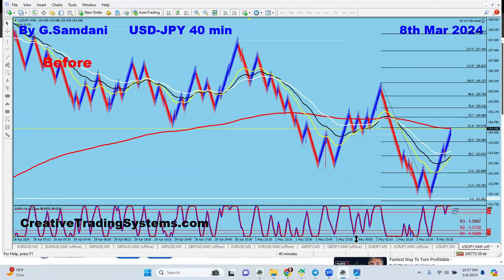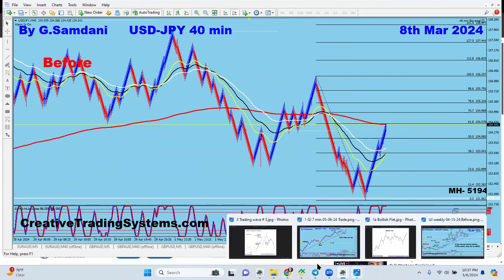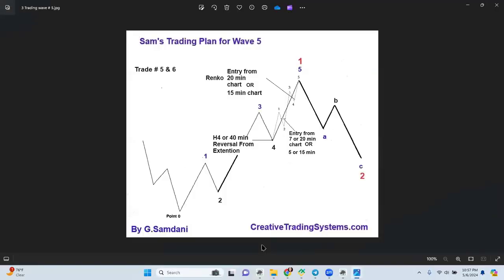Now, earlier I showed you that on pound yen and euro yen, I got my entry from the 7-minute chart based on this scenario. This Elliott wave calls for that if it is wave 5 starting, then right there somewhere you take the entry, either from the 7-minute or 20-minute. First entry would come from the 7-minute, and then the second one, if you miss the first one, right?